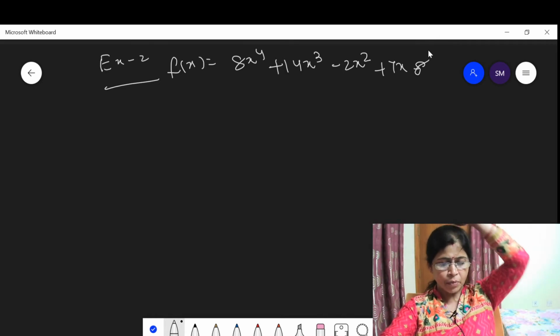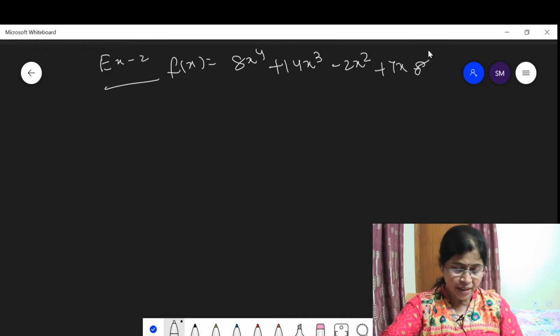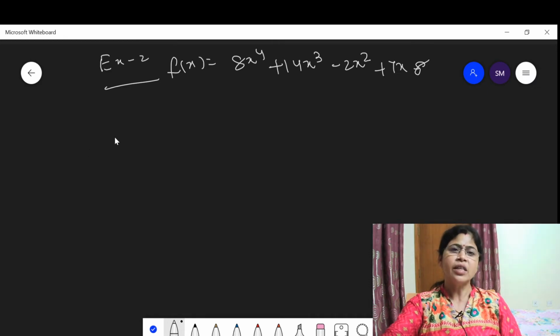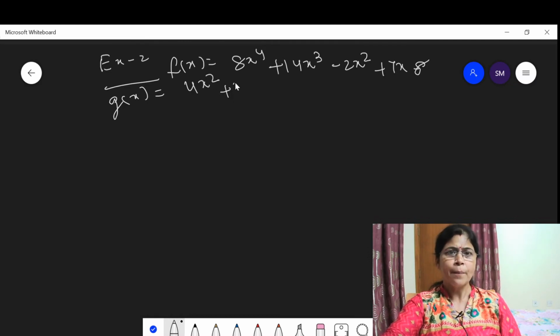What must be subtracted from this so that the resulting polynomial is exactly divisible by 4x square plus 3x minus 2? This means g(x) is given here, 4x square plus 3x minus 2.